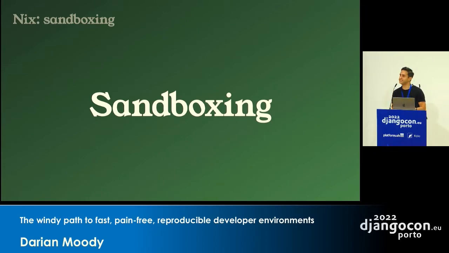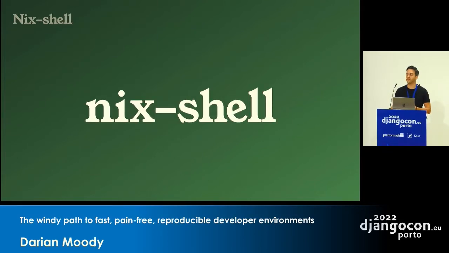And this leads into how we take advantage of it for developer environments. It all starts with a little tool that ships with Nix called nix-shell. When you run it, it looks for a file in the current directory called shell.nix.